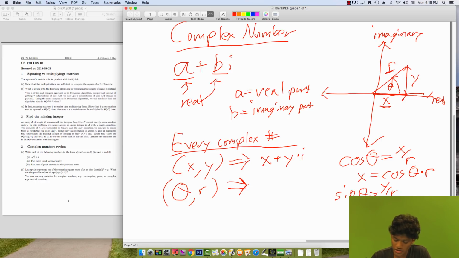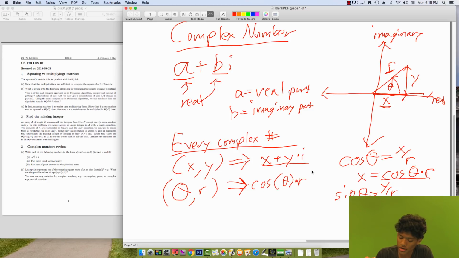Now we can substitute into this expression our newfound values for x and y, and we're going to get something totally in terms of r and theta. For x, we're going to plug in cosine theta times r.